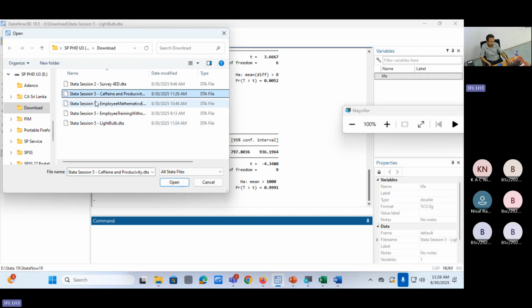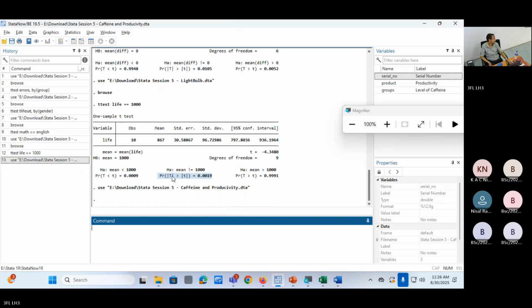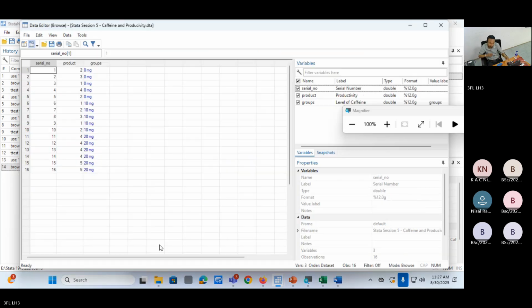I downloaded the caffeine and productivity file and I'm going to open it by browsing the file. Here, serial number is there. Productivity is there.